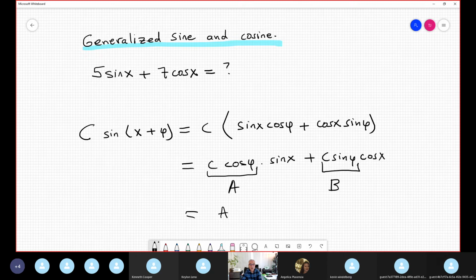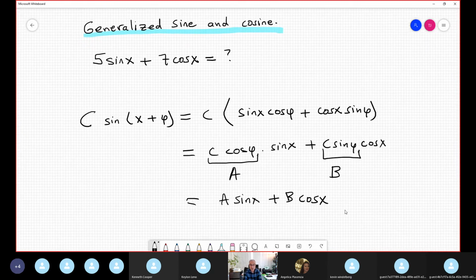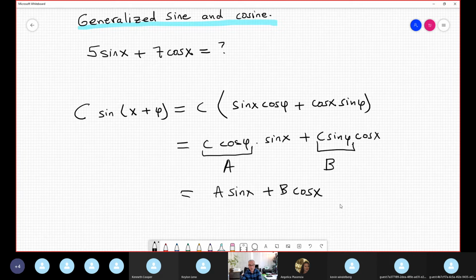Now we have a sine x plus b times cosine x. In conclusion, the thing I try to illustrate is that you can express the sum of sine and cosine in that way, which is the generalized sine or cosine. I want to play sine first, cosine secondly.